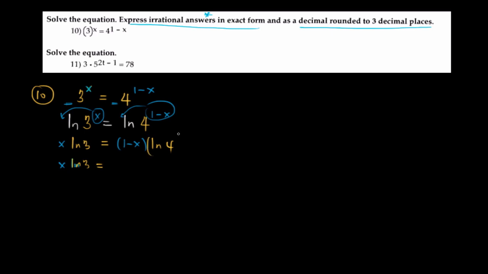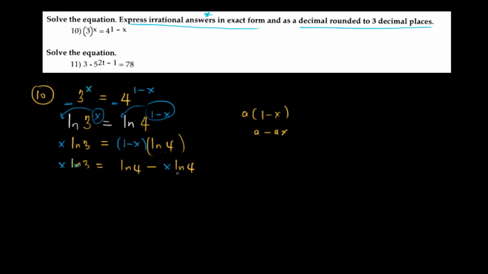So you have ln of 4 times 1, that's going to give you ln of 4 minus, then x times ln of 4 gives you x ln of 4. So I only expanded this, just like you would expand a times (1 minus x). That will be a minus ax, just normal expansion.